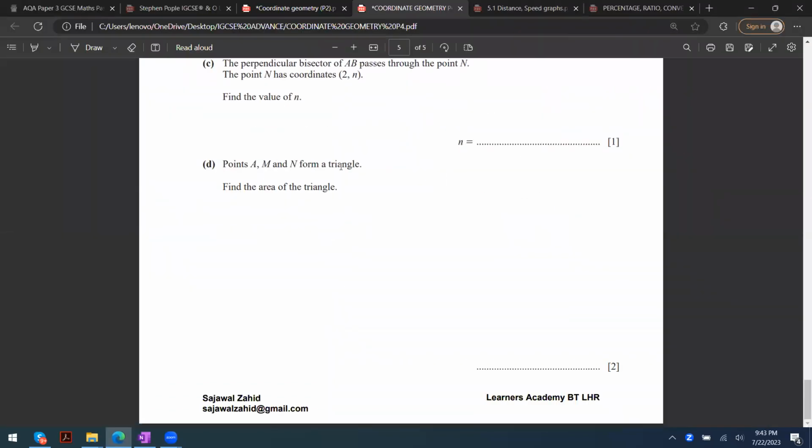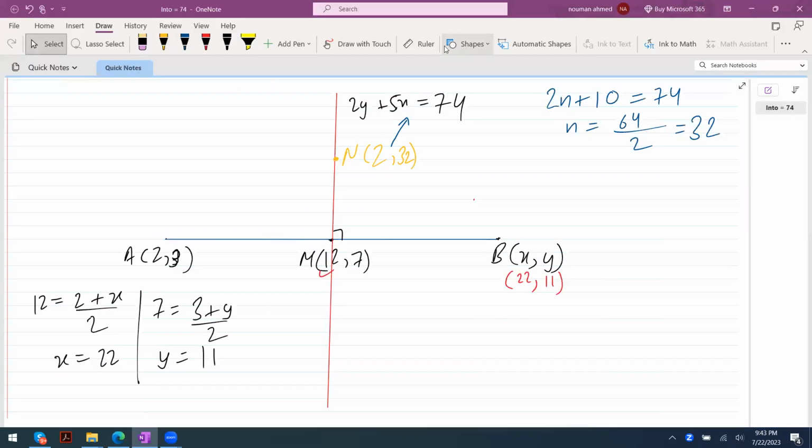Points A, M, N form a triangle. Find the area. Let's join these points: A, M, N. So this is the triangle, and we need to find the area.